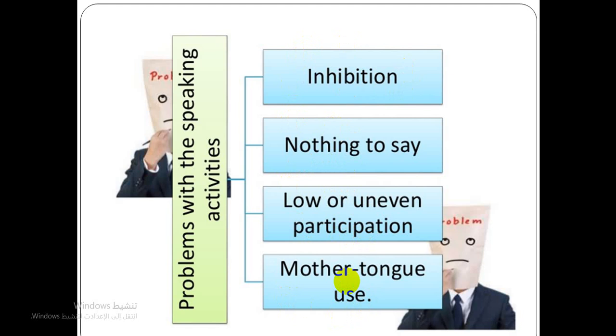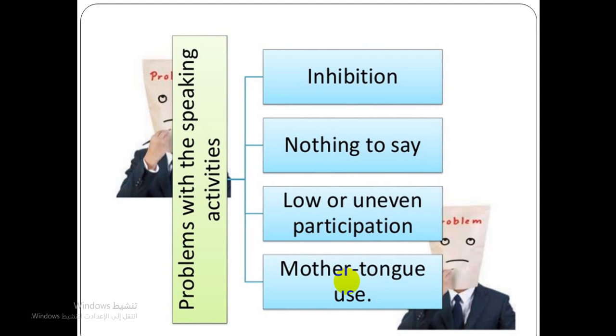What can the teacher do to help solve these problems? Of course, teachers can use group work. Teachers can base the activity on easy language.